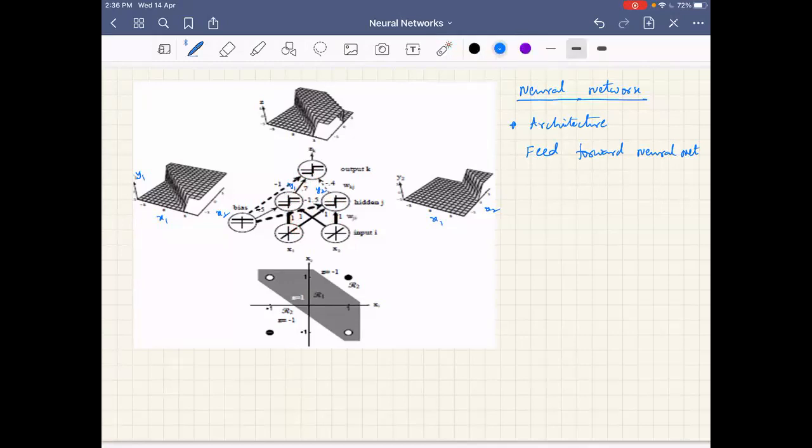If you have a set of neurons, and some other set of neurons, and some set of neurons in another layer, each neuron of the previous layer gets connected to each neuron of the next layer. That is referred to as a feed-forward neural network.